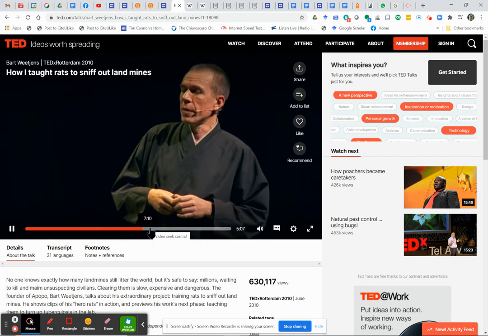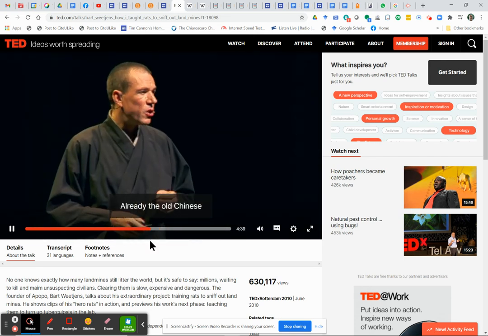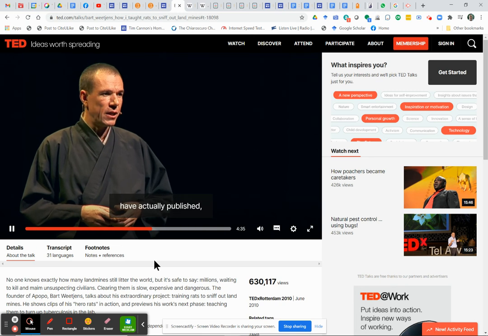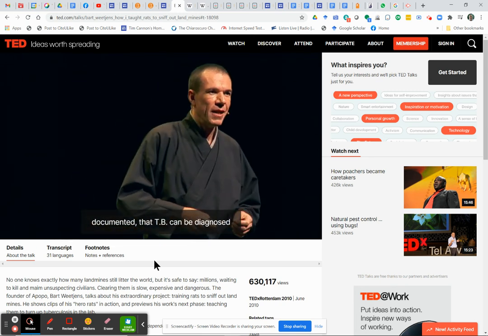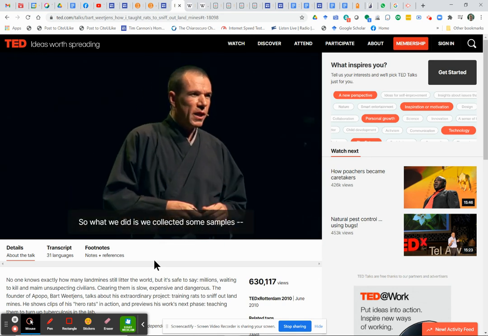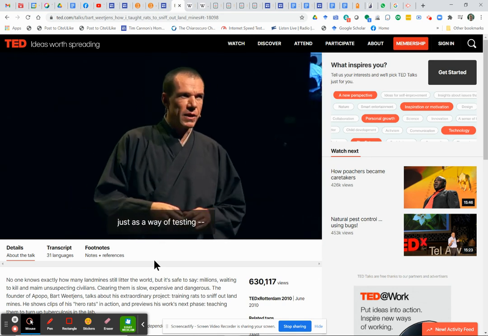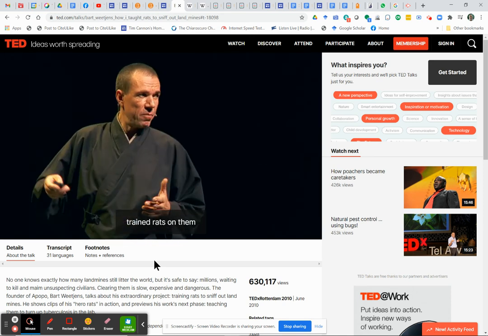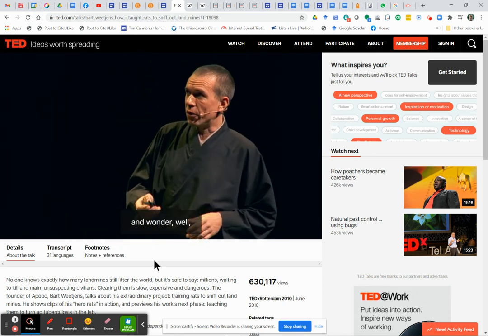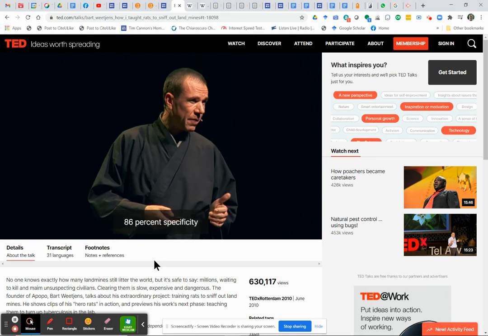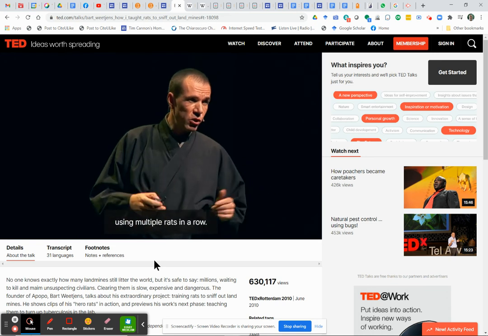And already the old Chinese and the Greek, Hippocrates, have actually documented that TB can be diagnosed based on the volatiles exuding from patients. So what we did is we collected some samples from hospitals, trained rats on them, and well, we can reach 89% sensitivity, 86% specificity using multiple rats in a row.